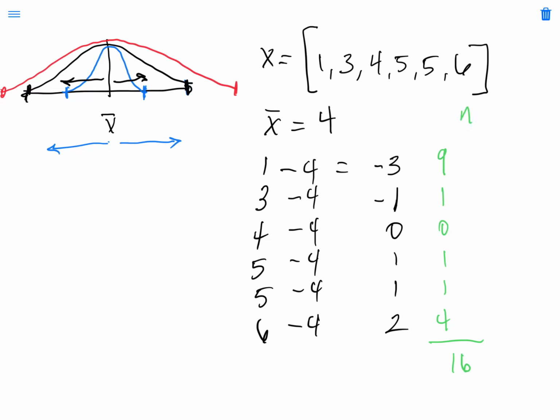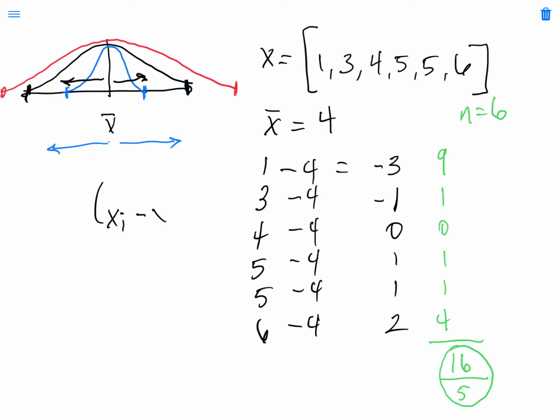I can divide this by n, which my n over here was equal to 6. But instead of dividing that by 6, we're going to divide it by 5. We're going to divide it by n minus 1. And we do that to make the standard deviation a little bit bigger. As a statistician, I'm worried about making mistakes. And the biggest mistake I can make here is claim that I have a small dispersion when actually it was quite large.